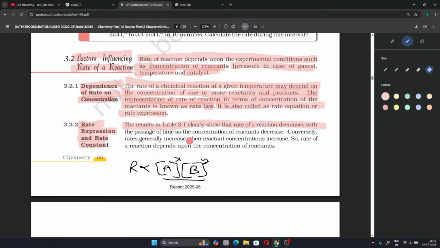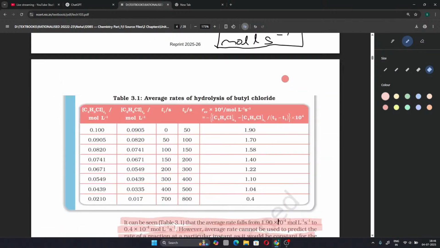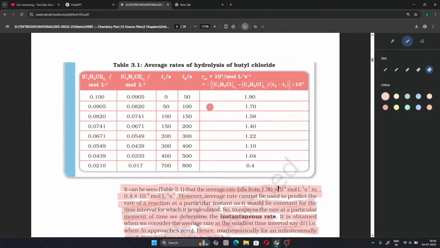The rate of reaction decreases with the passage of time as the concentration of reactants decreases. Let's inspect the table once more. Here we see this is the rate of the reaction, in terms of 10 power minus 4.